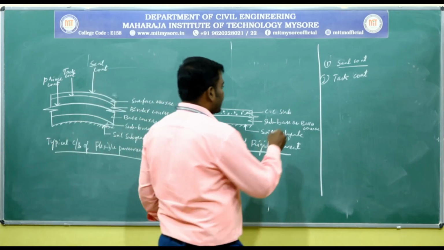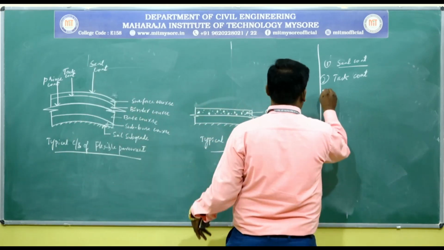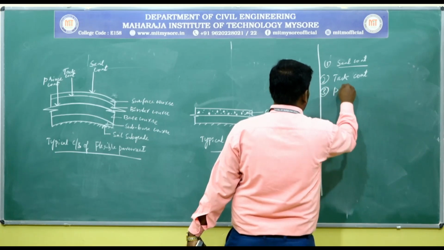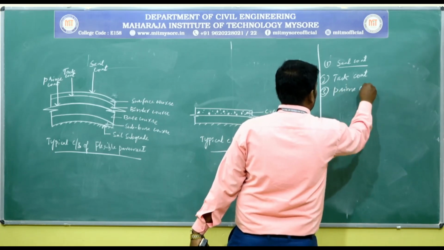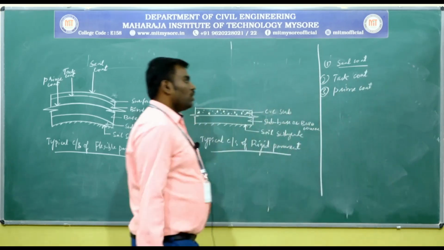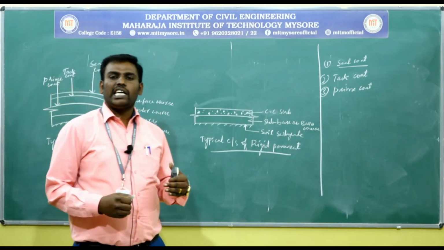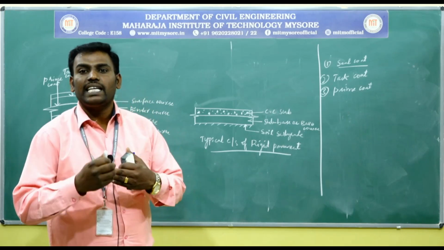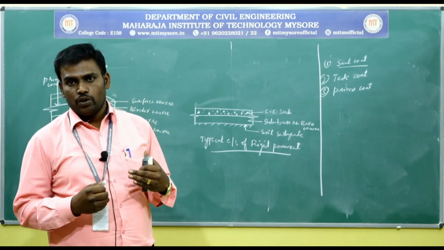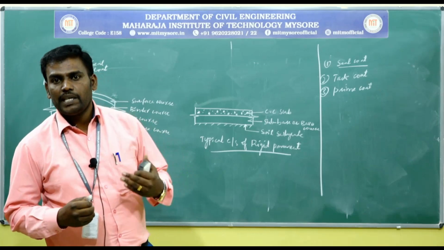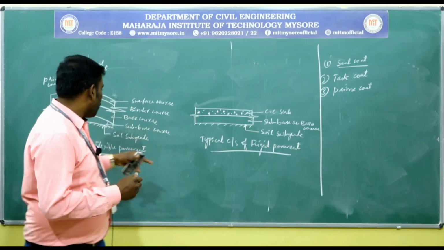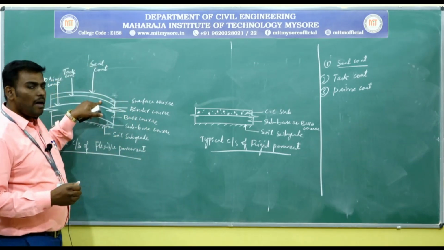Next is prime coat. The major function of the prime coat is to provide adequate bond between 2 different layers of materials, one is base course, another is binder course.